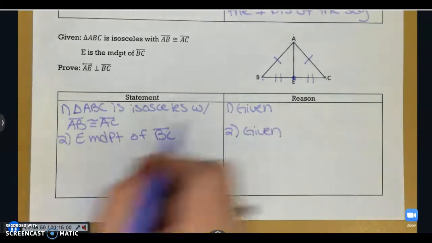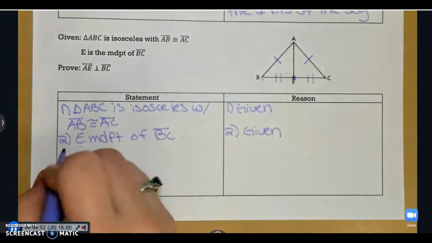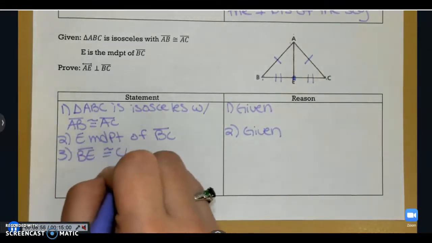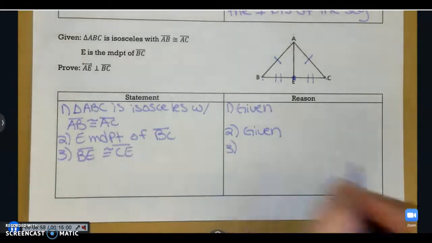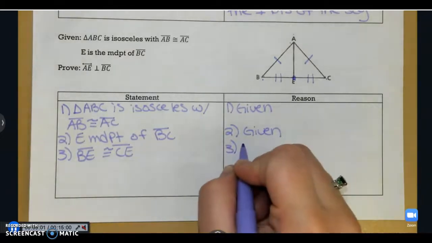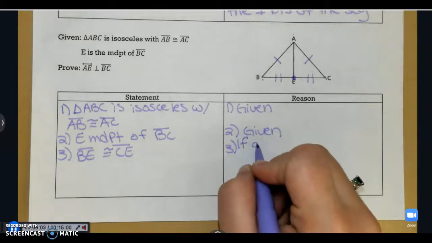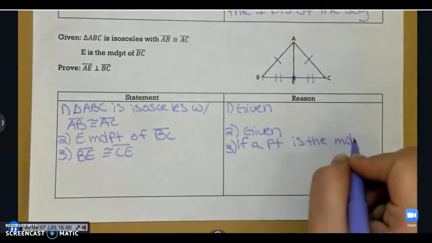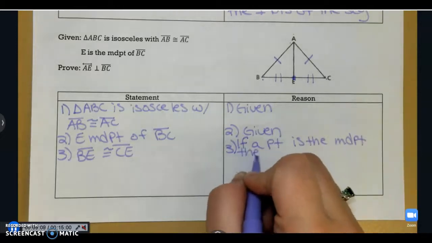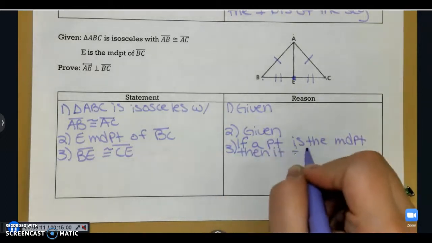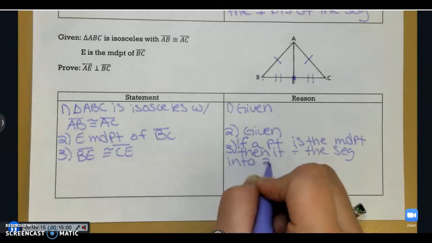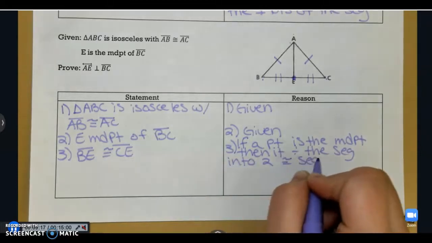So that midpoint is what told us BE was congruent to EC, so we need to get that down. And this definition is on the front page of your dominoes. If a point is the midpoint, then it divides the segment into 2 congruent segments.